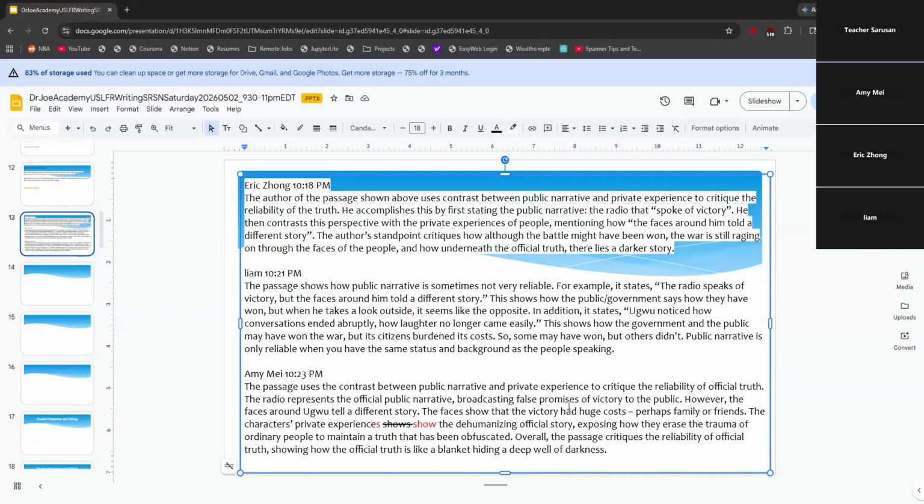So we do mention the false promises. We do mention Liu Gu, our character. I think we're just kind of touching on a lot of the top level points.